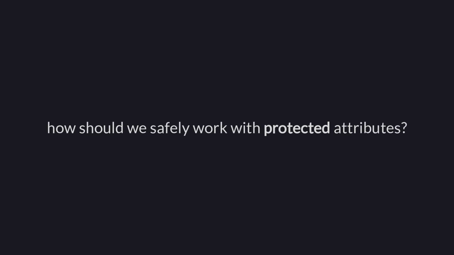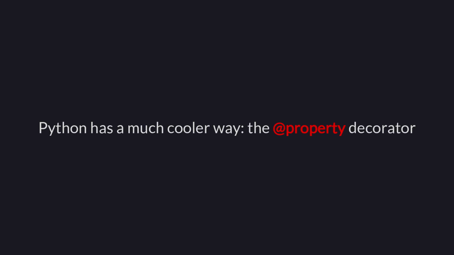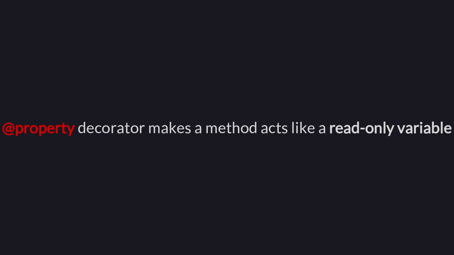So how should we safely work with protected attributes? In other languages, you can create get and set methods. Python has a much cooler way, the @property decorator. A decorator is a tool that gives a function extra powers. The @property decorator lets us make a method that acts like a read-only variable. It's super clean. Let's see the code.